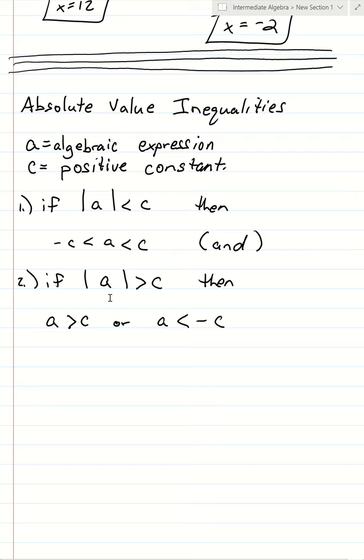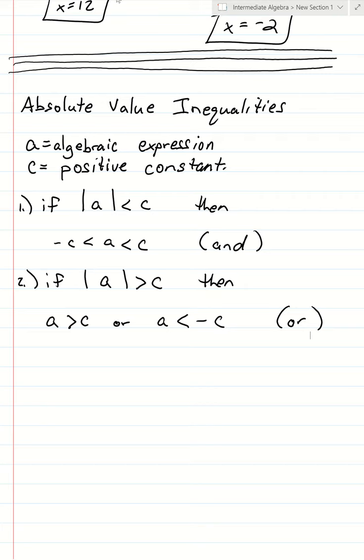What we have created here is an example of an or compound inequality. So depending upon your absolute value inequality, that will determine if you're going to create an and or an or compound inequality.